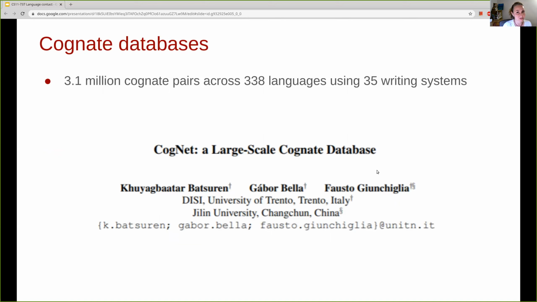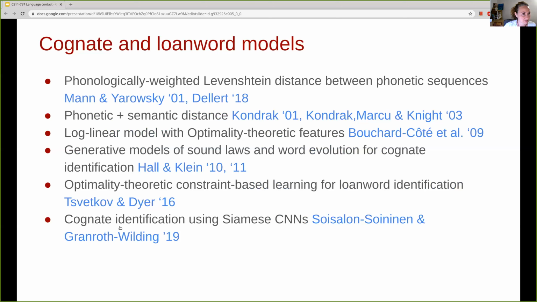Again, in terms of resources, a large-scale database of cognates was released relatively recently at ACL 2019. Cognate pairs in this case were extracted using similar techniques. So I think this was phonologically weighted Levenshtein distance between phonetic sequences.